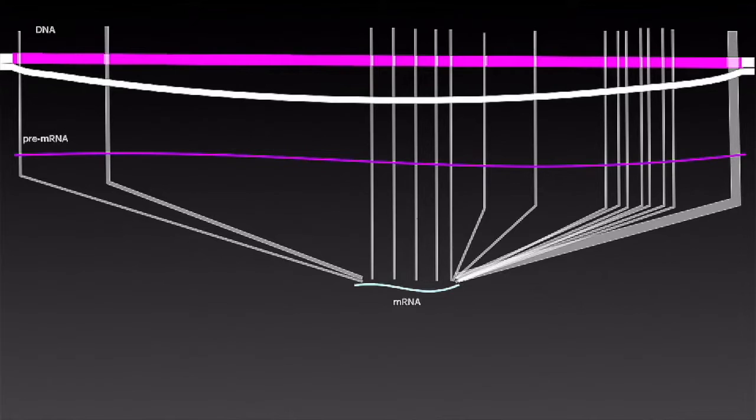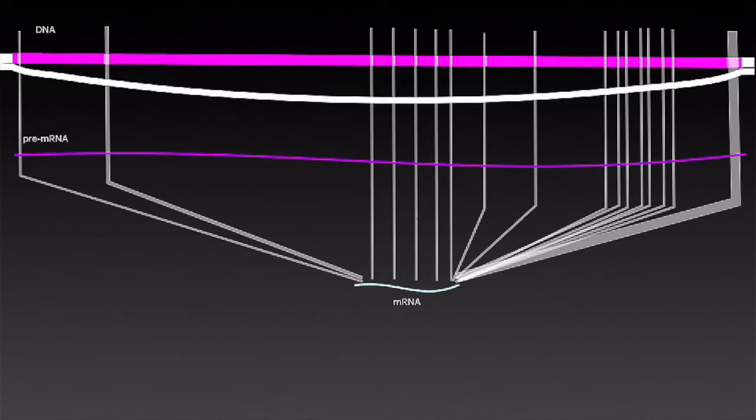All the other parts get cut out, so they stay inside the nucleus. Then the parts encoded by exons are what actually exit the nucleus and what are actually expressed. So that's what introns and exons are. A little preview of things we're going to get into in more detail very soon.